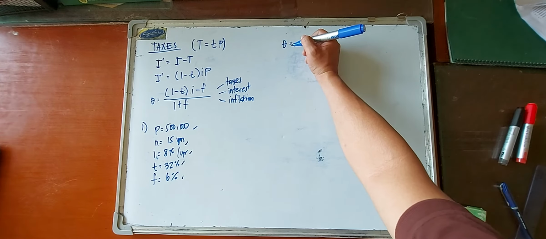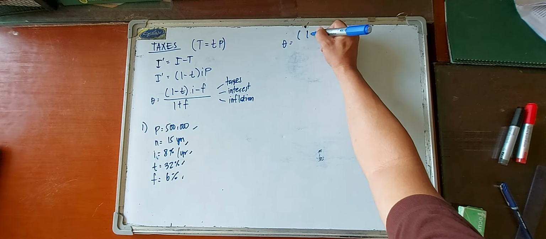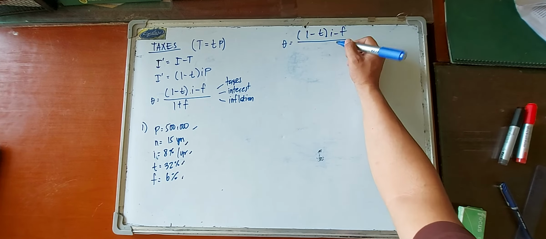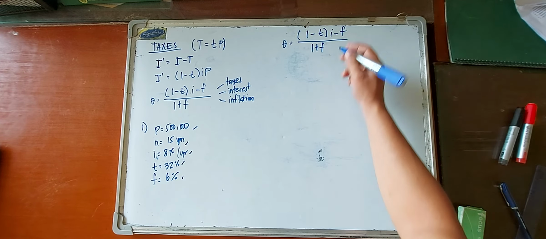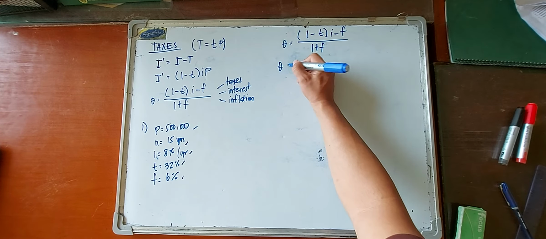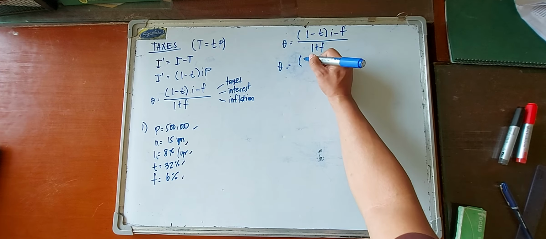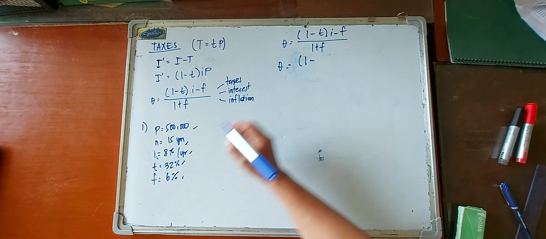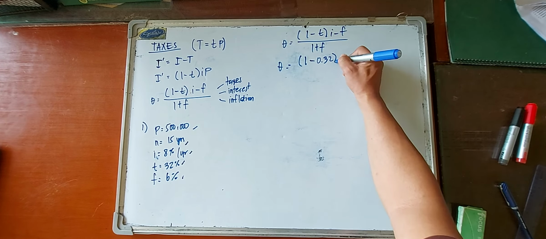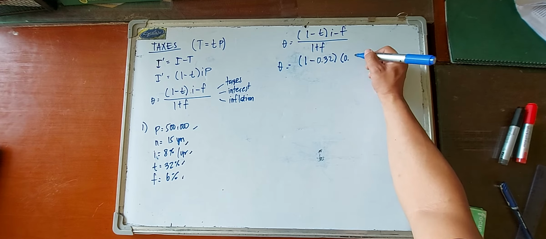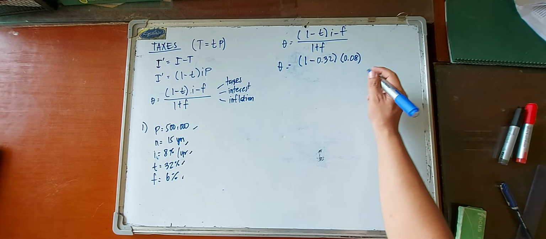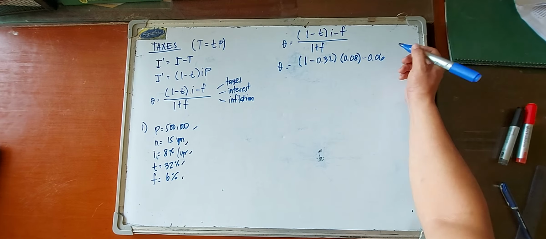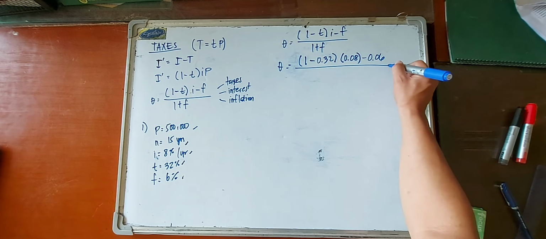We see theta is equal to 1 minus t i minus f divided by 1 plus the inflation rate. So the composite interest rate is equal to, so we have 1 minus yung tax rate natin is 32% in decimal form times yung interest rate natin na 8% minus 6% na inflation rate.